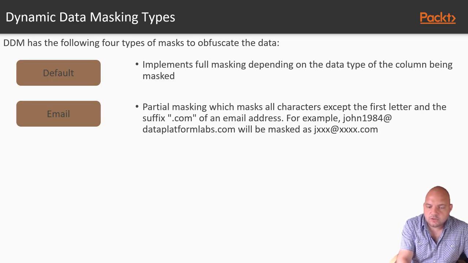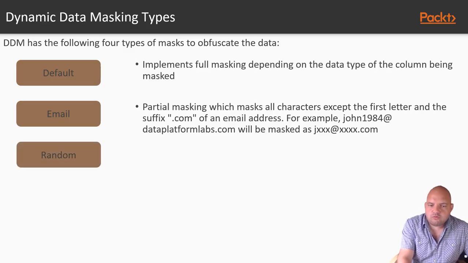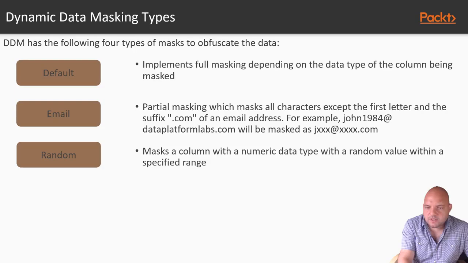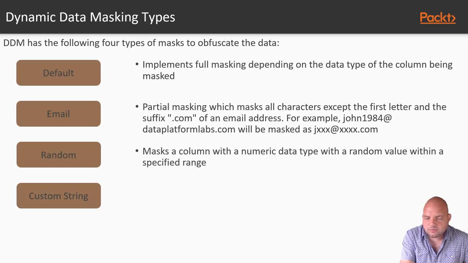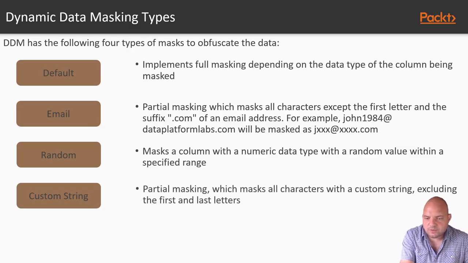For example, john1984@dataplatformlabs.com will be masked as jxxx@xxx.com. Random masks columns with a numeric data type with a random value within a specified range. And custom string is partial masking, which masks all characters with a custom string excluding the first and last letters.